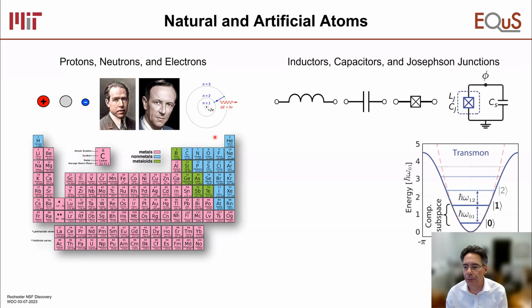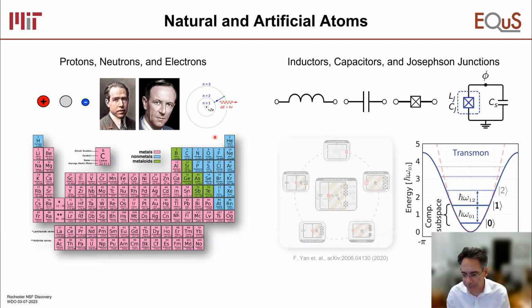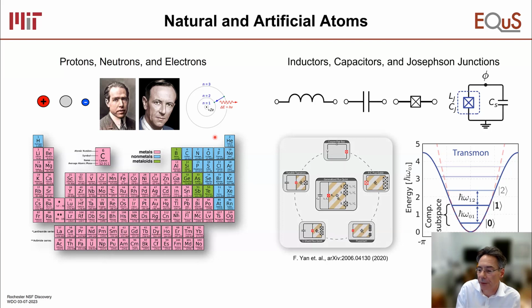Now, superconducting qubits are circuits built from inductors, capacitors, and Josephson junctions. Depending on how you put them together, how many inductors, capacitors, junctions, and their values, you'll get different circuits with different properties.